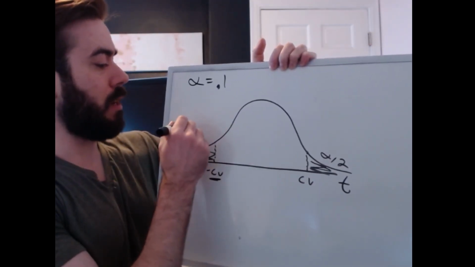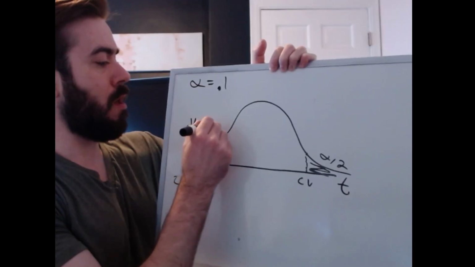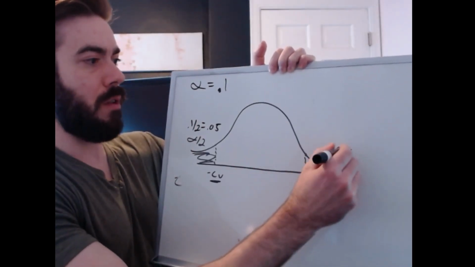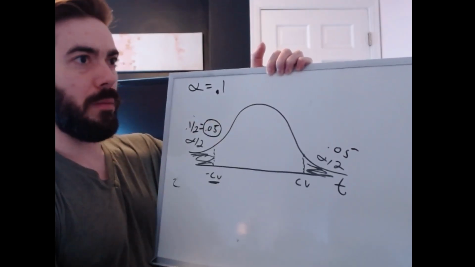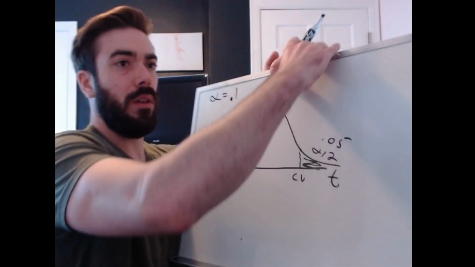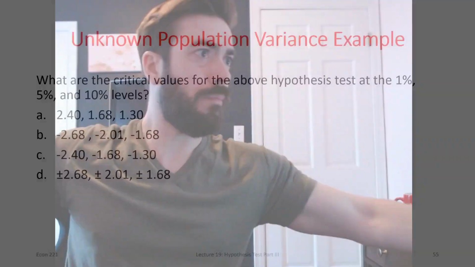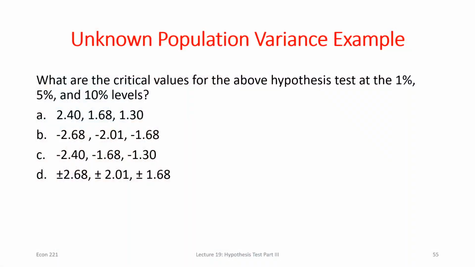Half of alpha here is 0.1 over 2, or 0.05 on both sides. The only thing I have to figure out with my student t distribution is the degrees of freedom, which I can find by simply taking the sample size and subtracting 1.